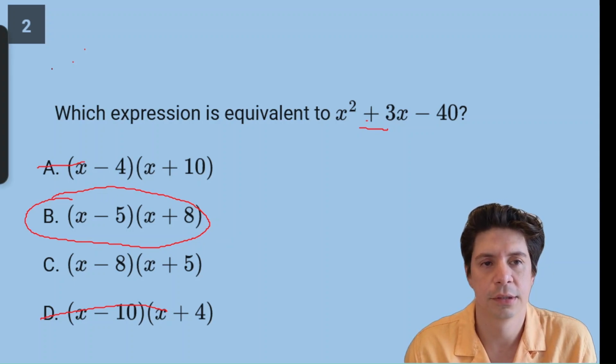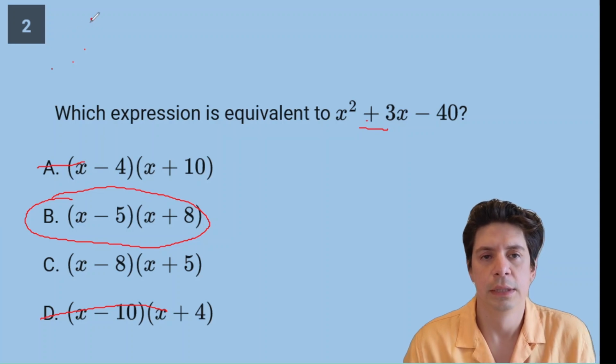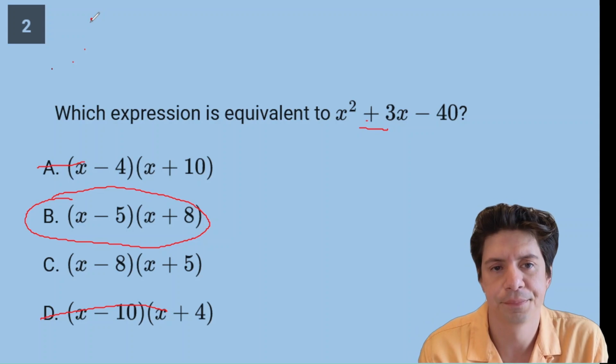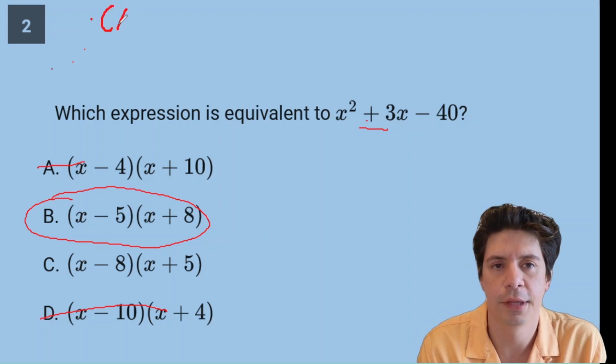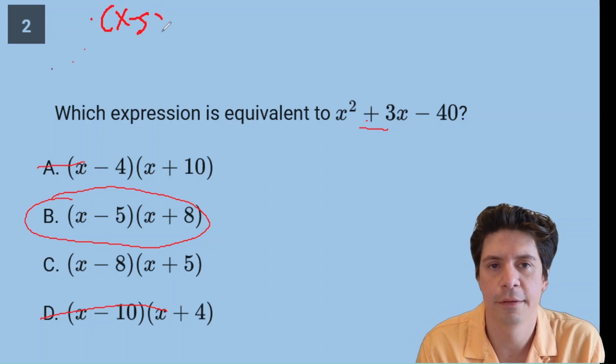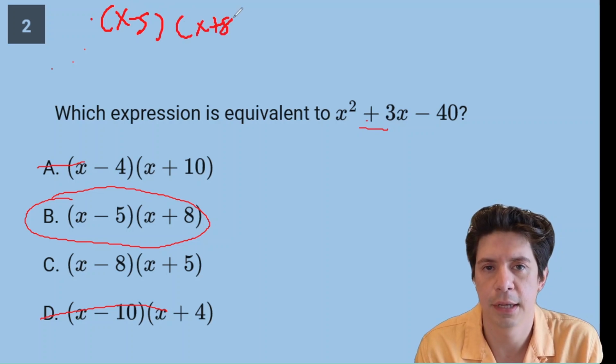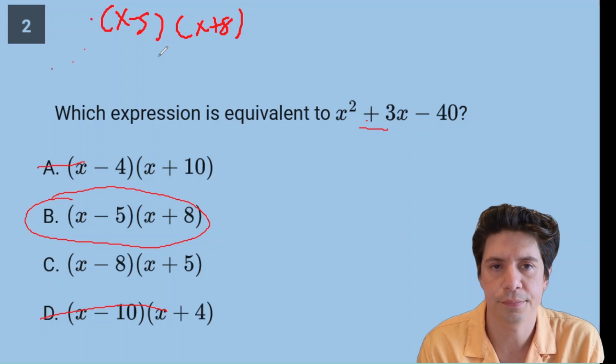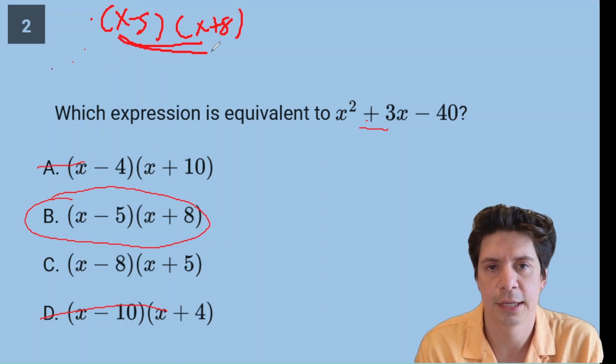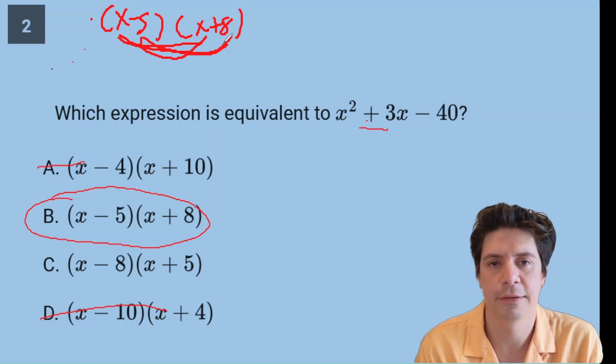So let's see. All right, so you have, we foiled that, x minus 5, x plus 8, right? So x times x, x times plus 8, negative 5 times x, and negative 5 times positive 8.